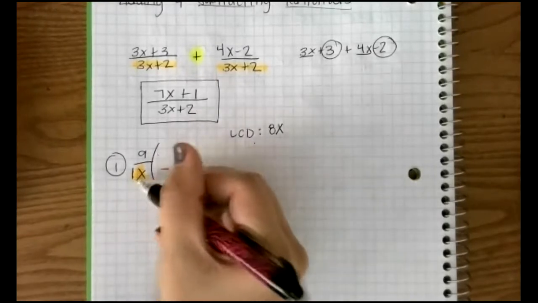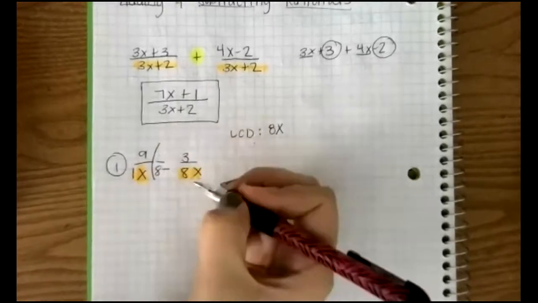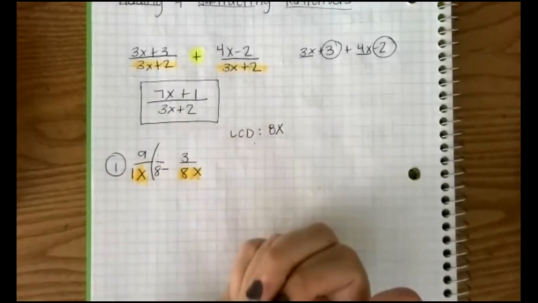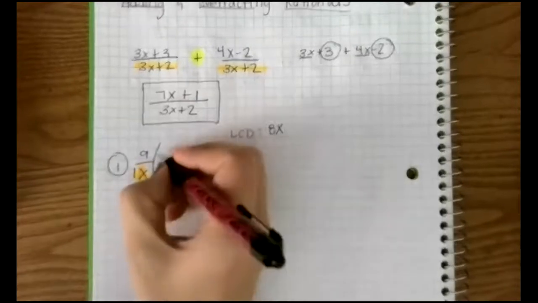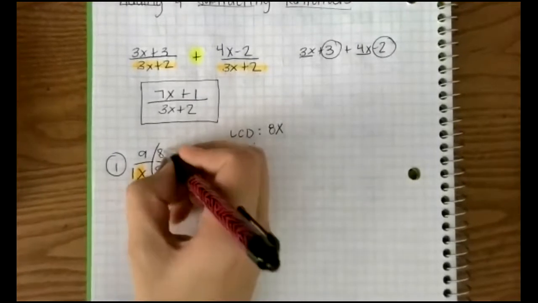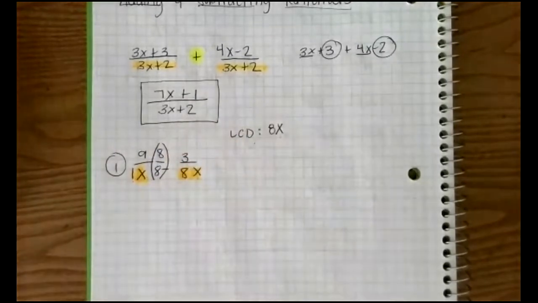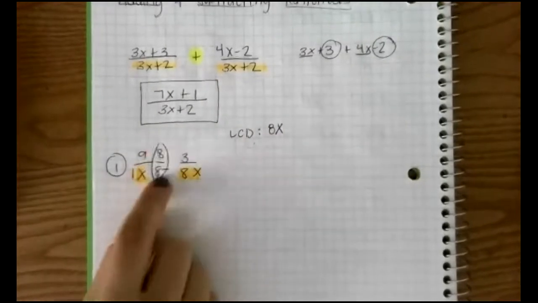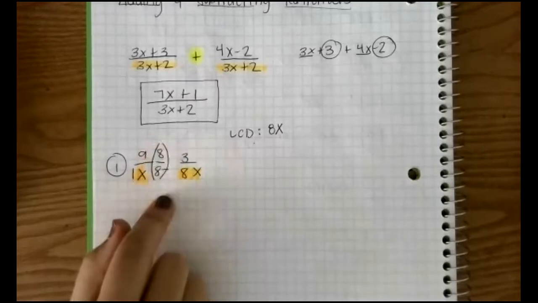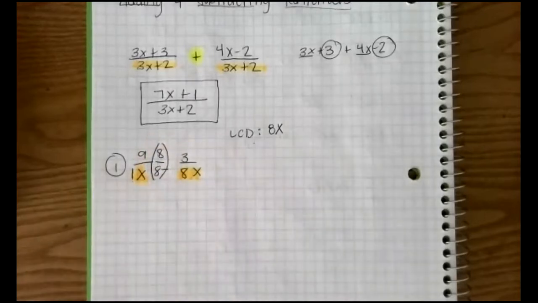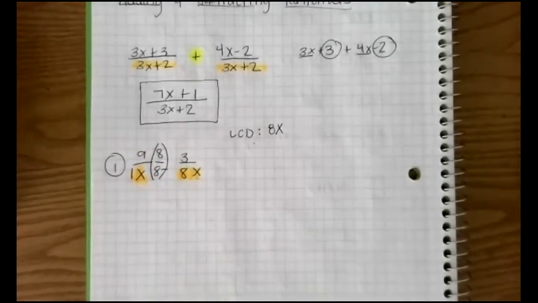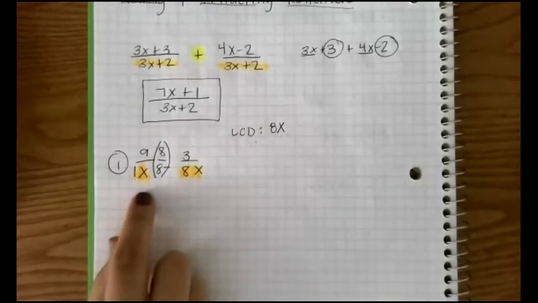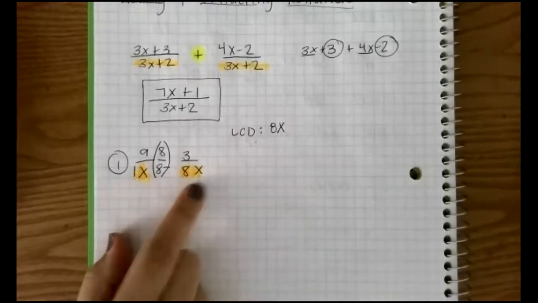So if I need to multiply 1x by 8, I can't just multiply the bottom by 8. I have to multiply the top and the bottom, because then I'm really multiplying by 8 divided by 8. I'm really multiplying by 1. I'm not changing the value. Okay, I'm just getting a fraction that's equivalent but has the same denominator.